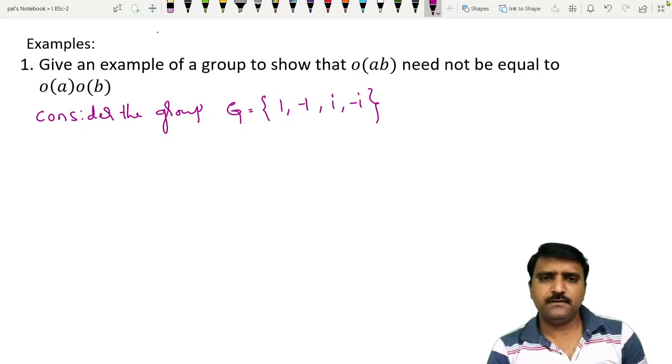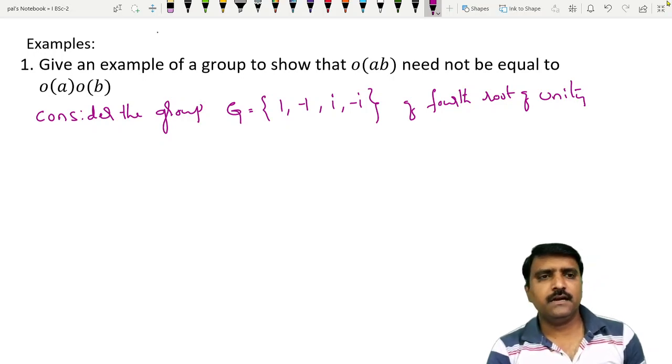So a fourth root of unity, all of you know, is under multiplication, so with the binary operation multiplication, it is a group under multiplication.